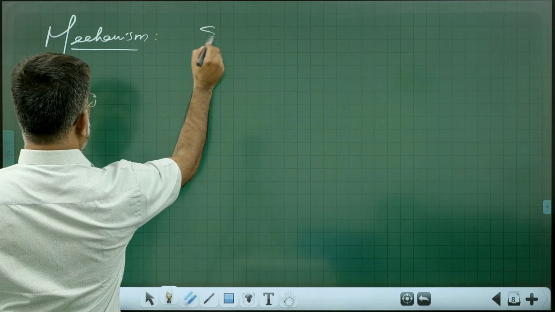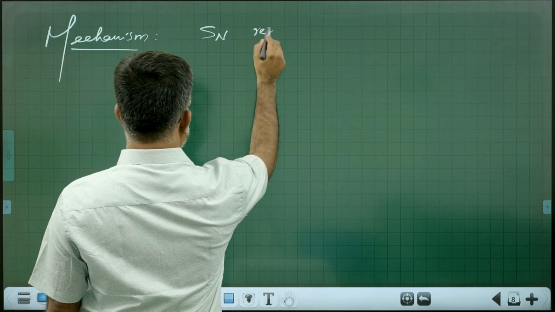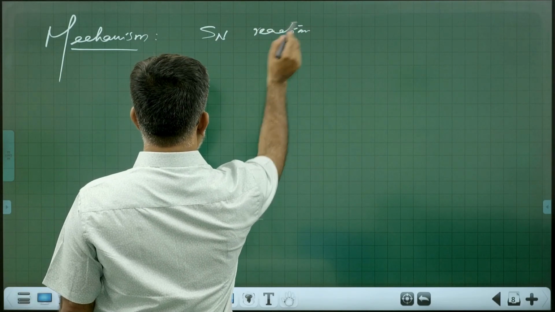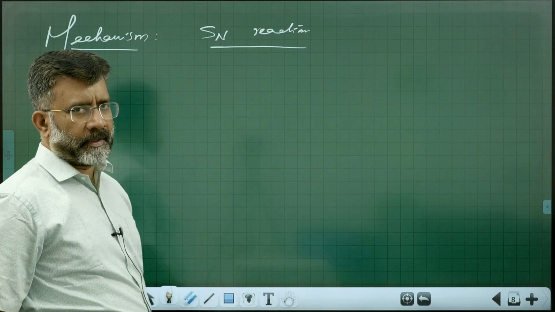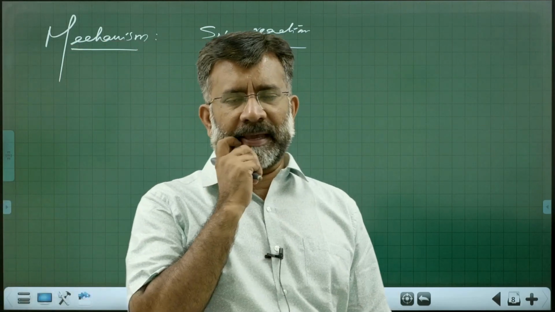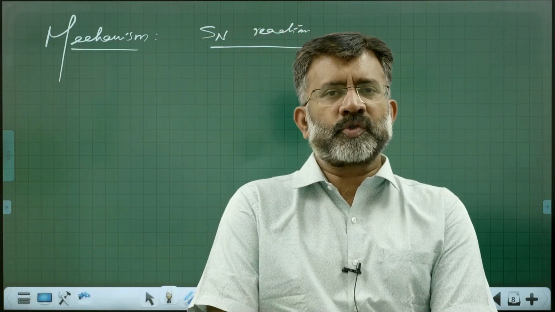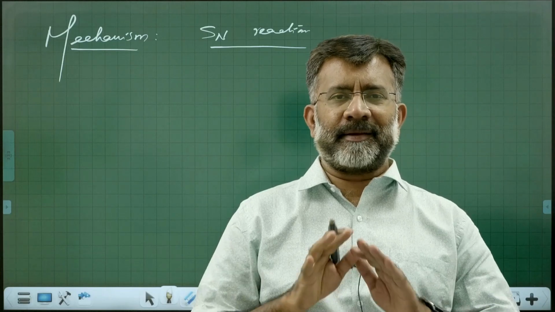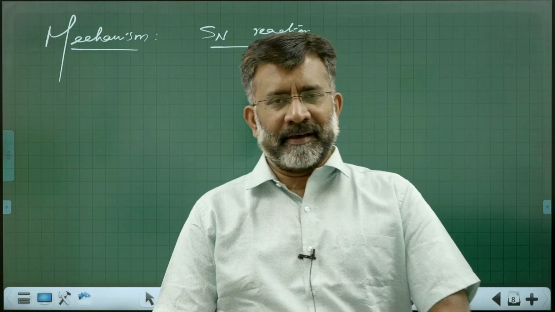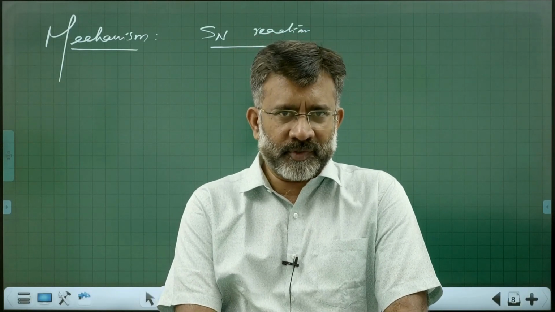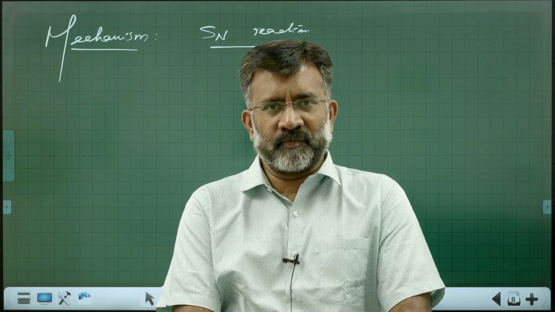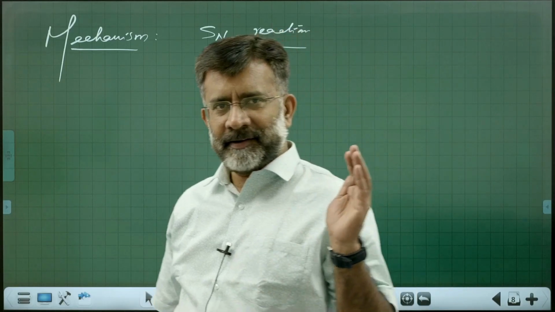Mechanism involved in SN reaction. In fact, SN reaction happens with two different kinds of mechanism, which is one of the most important topics from the entire organic chemistry of 11th and 12th standard, I would say. SN1 reaction and SN2 reaction.